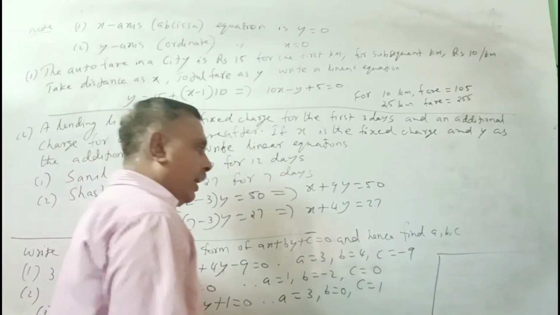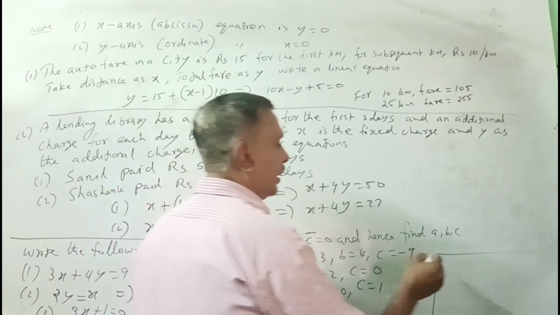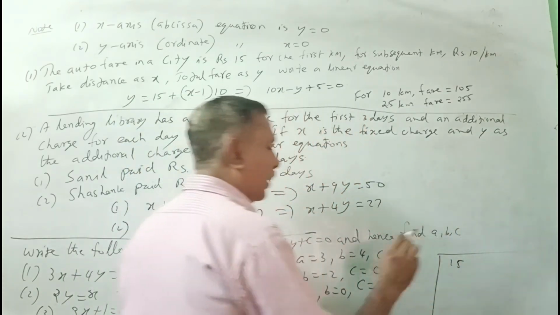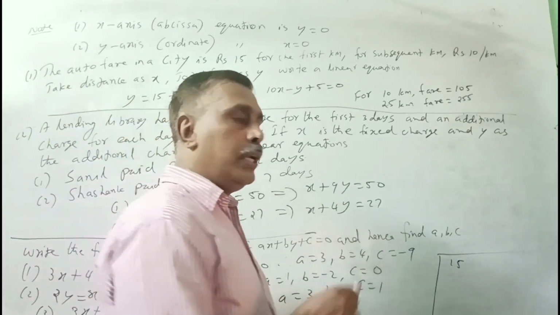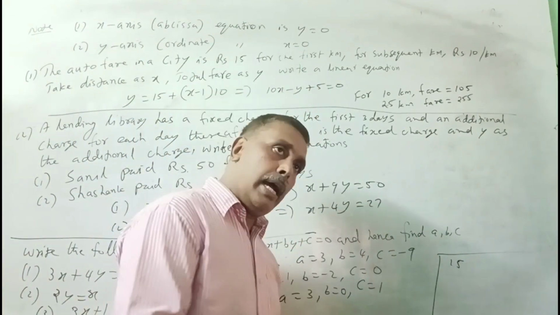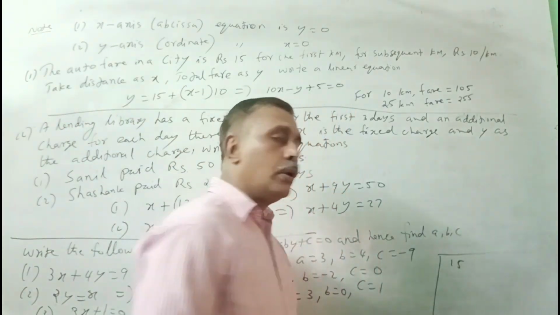If you are traveling only up to 1 kilometer, 15 rupees is compulsory. That means if you are traveling 100 meter or 200 meter or 500 meter or 900 meter or up to 1 kilometer, you have to pay rupees 15.